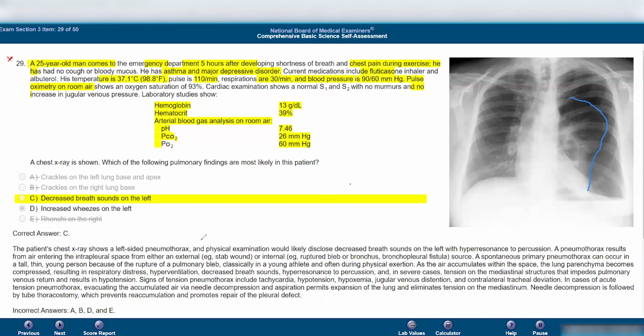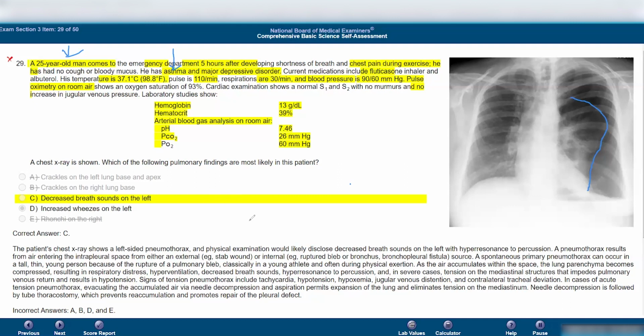But let's say you take a look at that. The reason it's a pneumo, right? If you take it to a higher clinical sense, if you have a young person with asthma, that means he can have an emphysema-like picture, and he can blow a bleb. So it's a spontaneous pneumo, and that's something that can happen.